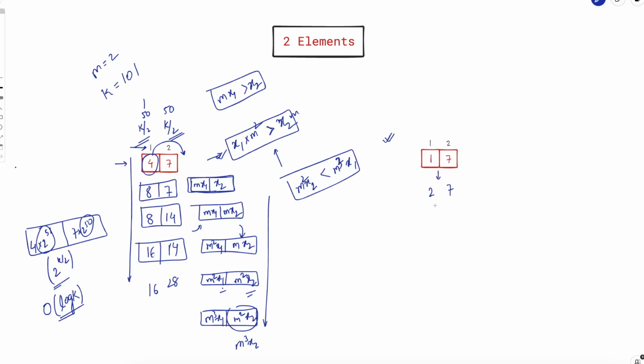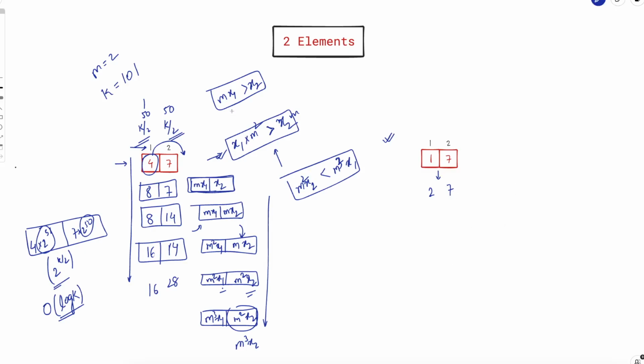This becomes 2,7. Now, first of all, this doesn't satisfy this criteria, because if you do m cross x1, x1 here is 1, so m cross x1 would become 2, and x2 is 7, so 2 is not greater than 7, right? So because this inequality is not satisfied, you know that this alternate approach would not work here. Now, let's say you apply the operation here, 2,7.